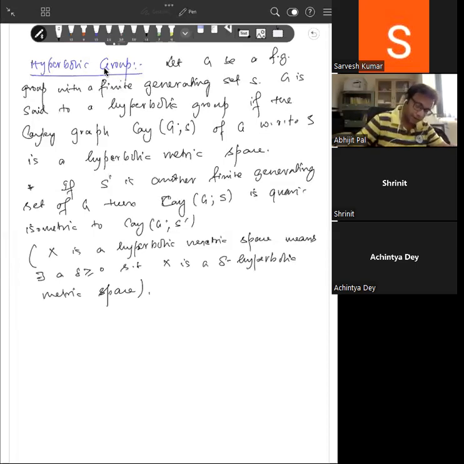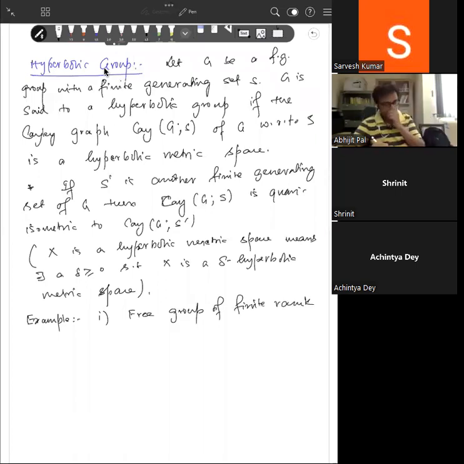Okay. All right. So now what are the examples of these hyperbolic groups? Again, this part you have already seen. If I take any free group of finite rank, why is it a hyperbolic group? Anyone, please.